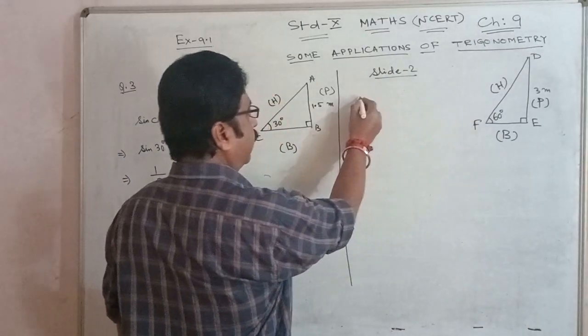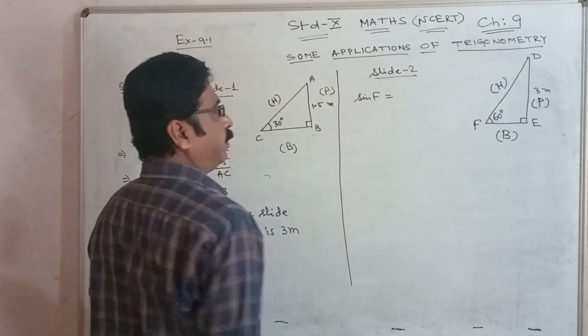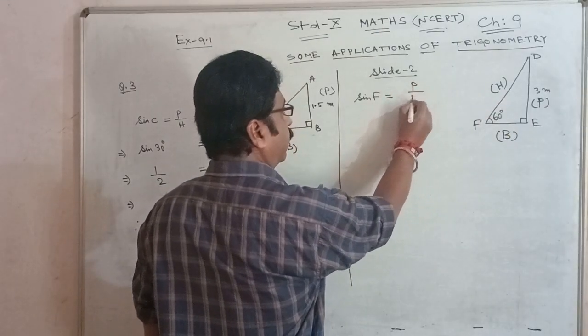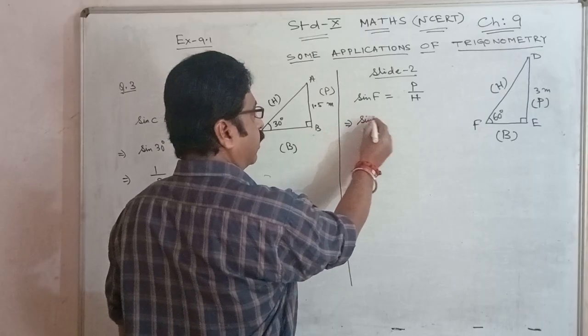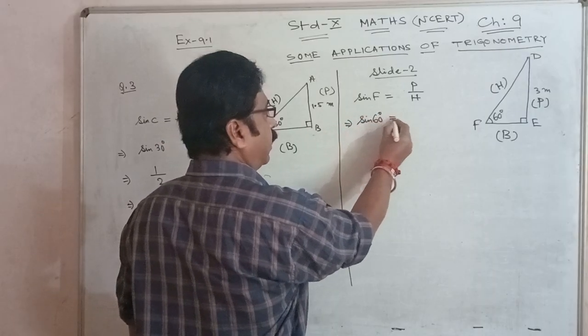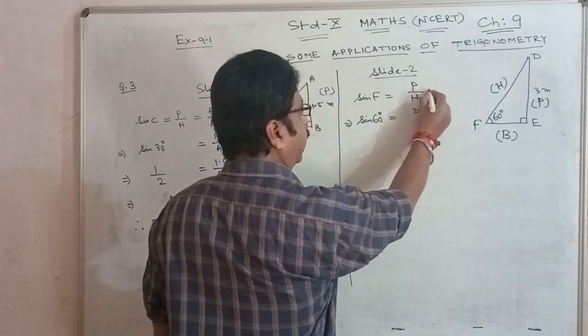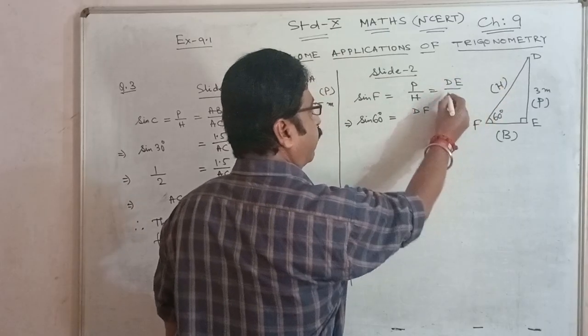Sin F equals to perpendicular upon hypotenuse, means sin 60 degree equals to DE upon DF.